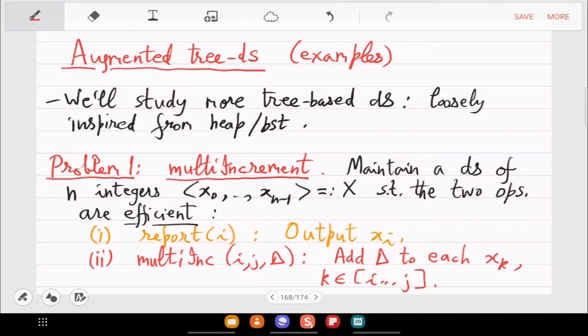Okay, so you can maintain this as an array. So that will report xi very fast, just constant time. But the problem will be that this multi-increment, you have to increment i to j by a for loop, right, which is linear time. So that is the brute force idea.